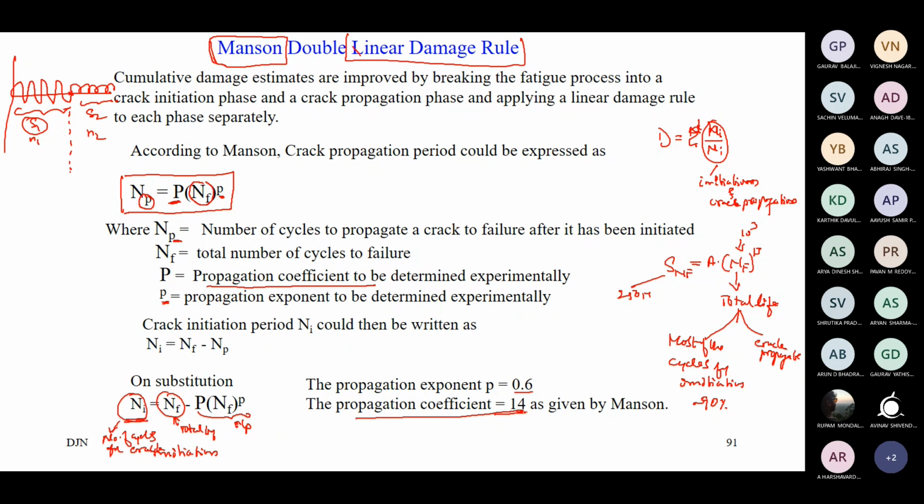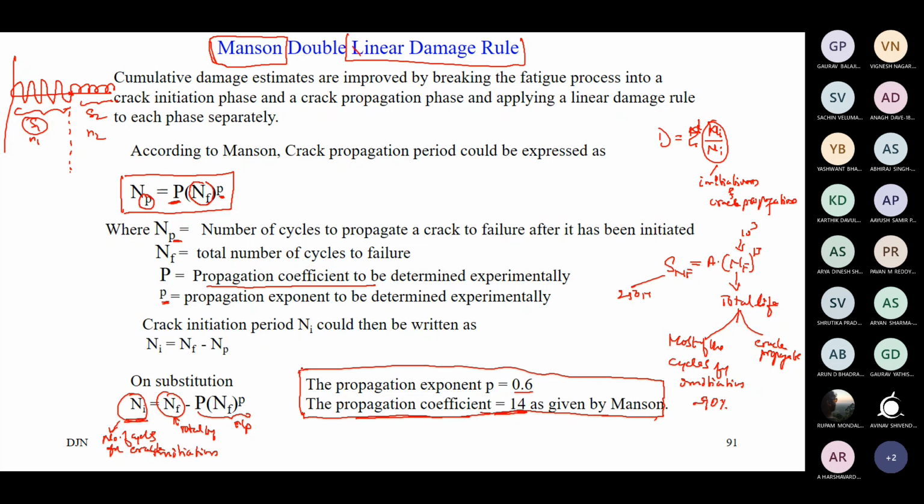It is not a particular fixed value, but we may roughly assume these values for our initial calculation, as we do not have data for all other materials. So please remember these values, small letter p and capital P of 14, given by Manson. It is obtained for steel material.